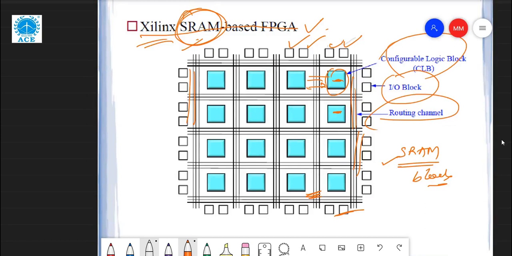Further blocks of FPGA Spartan 3 and all other variants, Xilinx 4000, 7000: I will send these Xilinx FPGA blocks to you so that you can understand how they look.